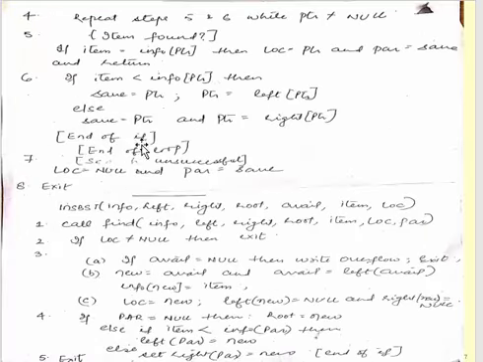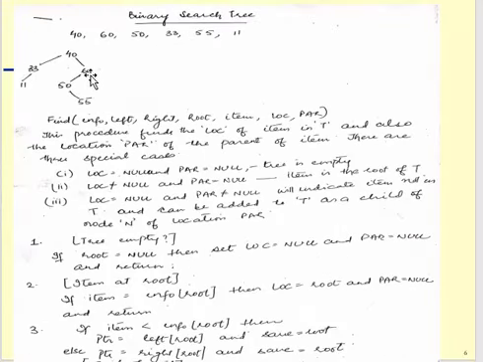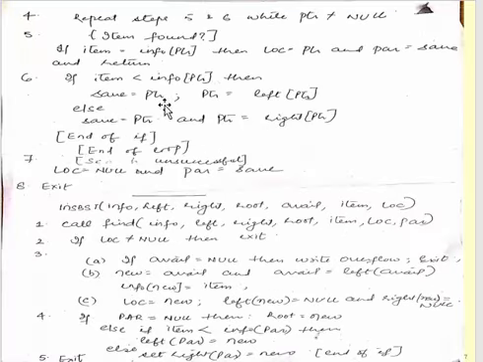Next, while your pointer is not equal to null, what you have to do: if your item is equal to info of pointer, that means, suppose I want to search for 60, if you get that item 60, in that case you are saying location is your pointer and parent is your save, and you will return. In that case, you don't have to insert, you got that item.